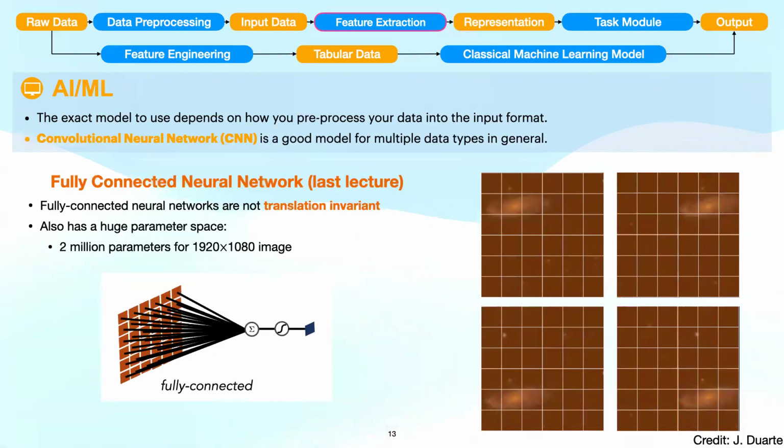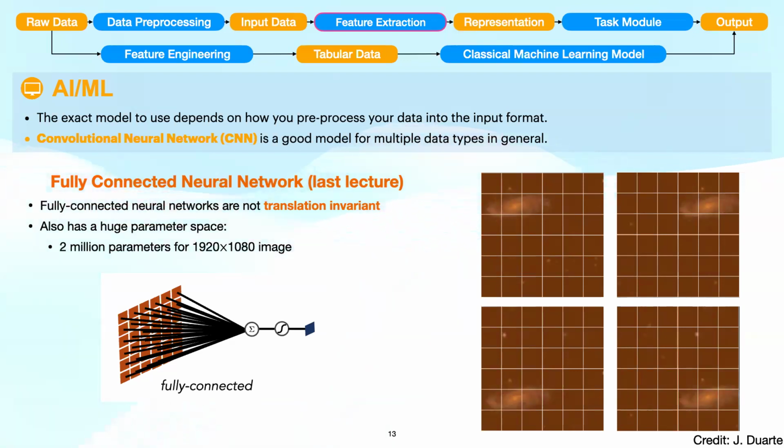So if we use a fully connected neural network that we learned about last lecture to analyze these 4 images, which all contain a galaxy, but just at different locations, what's going to happen? A fully connected neural network assigns a weight to every single pixel of our galaxy images, right? If the galaxy is on the upper left corner, it corresponds to these pixels. If it's on the upper right corner, it corresponds to these pixels. So these pixels and these pixels have different weights in your neural network, right?